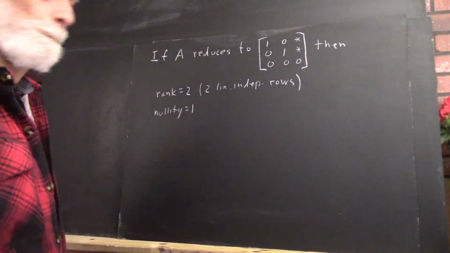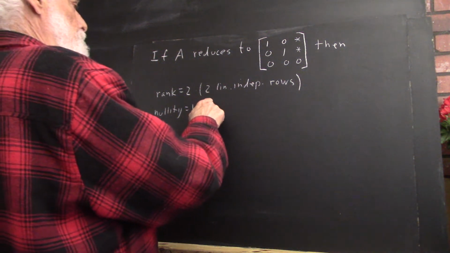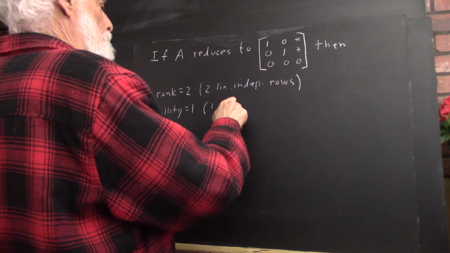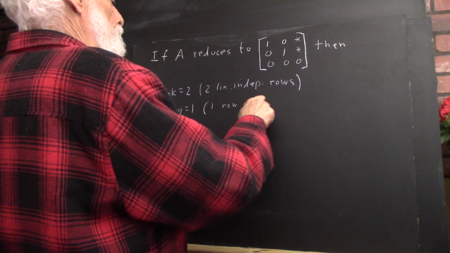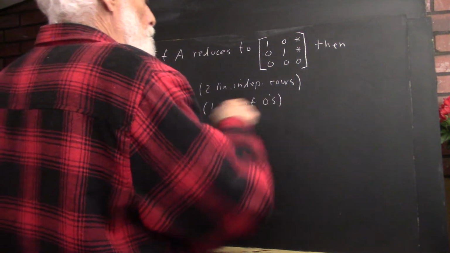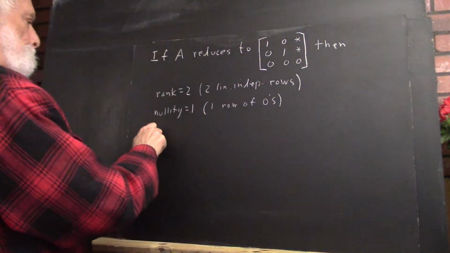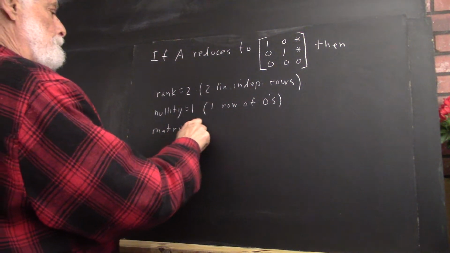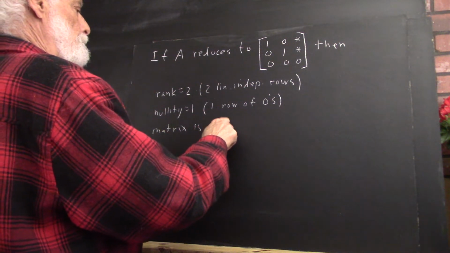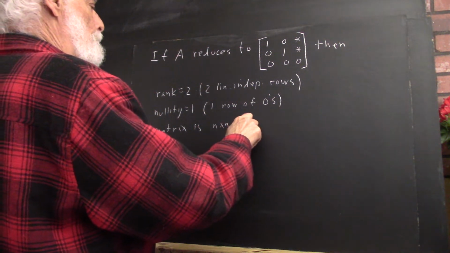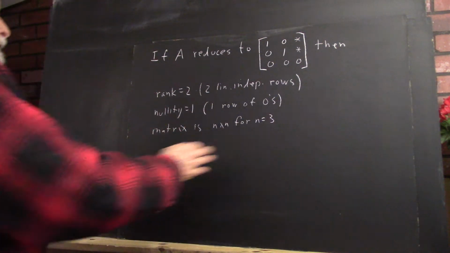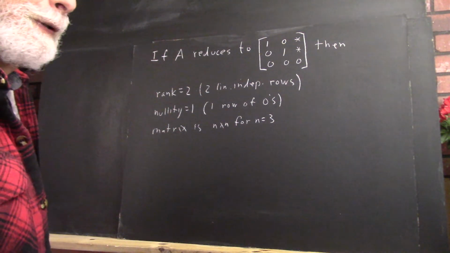Nullity is 1. One row of zeros. The matrix in this case is n by n for n equals 3.